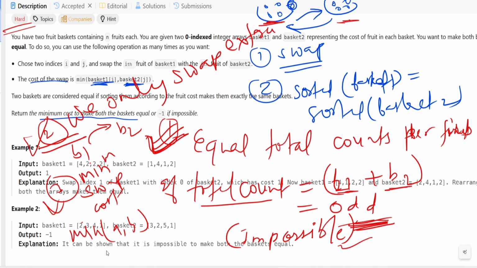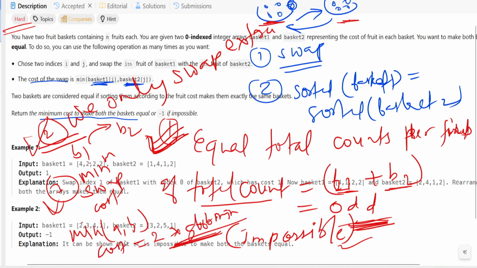So if it is cheaper to use two swaps with the smaller fruit overall, we call it an indirect swap, and for the cost we just take 2 times the global minimum. That is the minimum swap cost. I hope you understand, but let's understand the example now. Let me clean it.